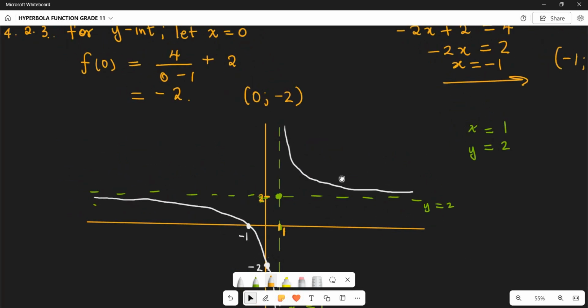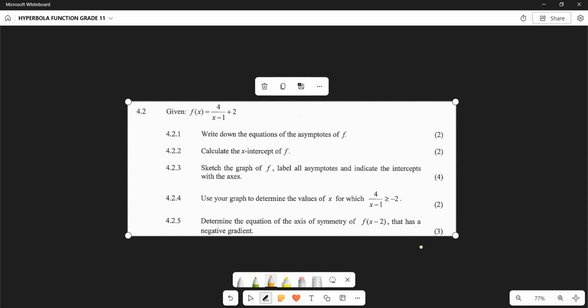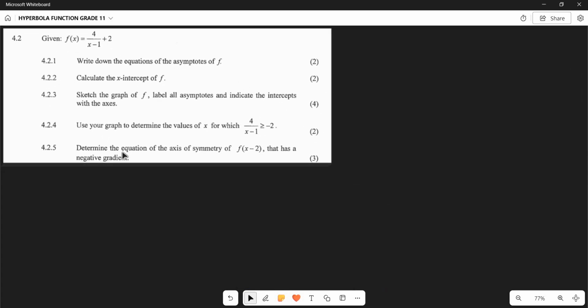The next question is asking us to deal with this. All right, for us to deal with that, we need to also understand our equation. How is this related to that?